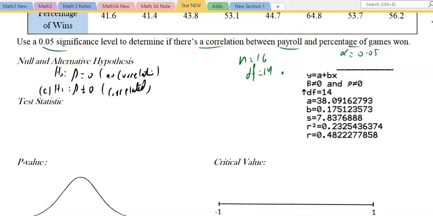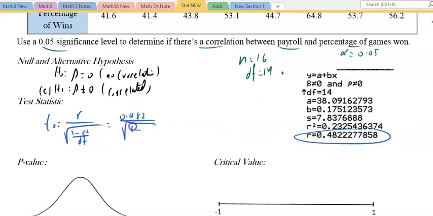Okay, so what do we need? The test statistic is always a t. T naught is, if you remember, r divided by the square root of 1 minus r squared over degrees of freedom. R is 0.482, divided by the square root of 1 minus r squared, which is 0.2325, all over 14.